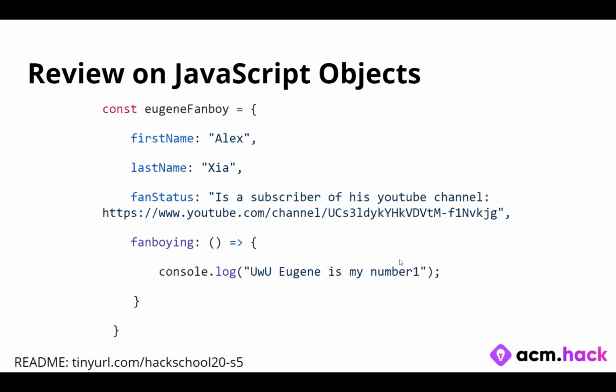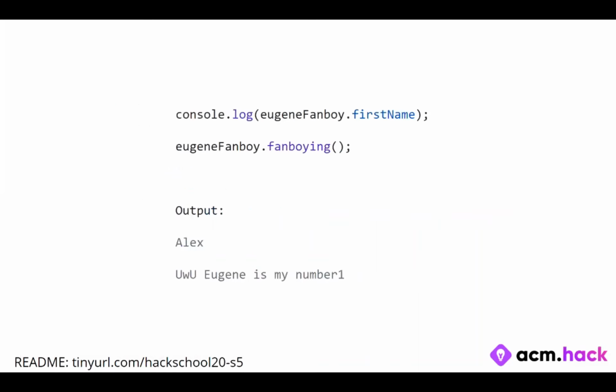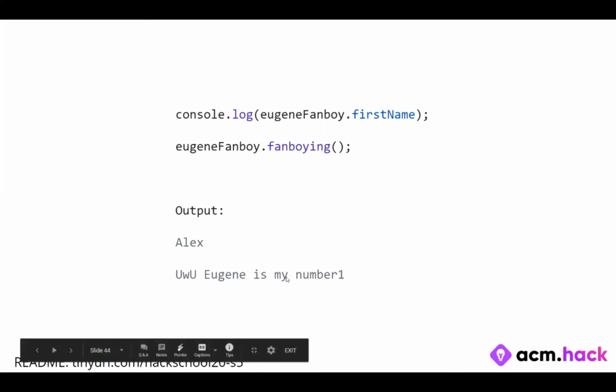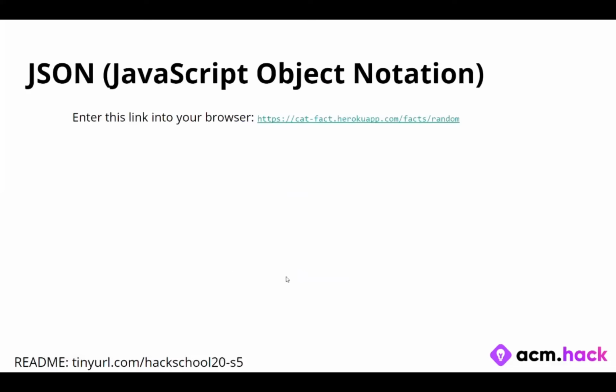And it just console.logs this, right? The Uwu Eugene is my number one. Yay. And remember that we can access the methods and the attributes inside of the object. So we can do Eugene fanboy.firstname, Eugene fanboy.fanboying, and it will output these things, right? Just a quick refresher.